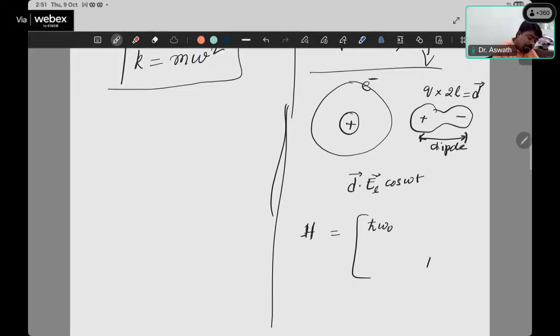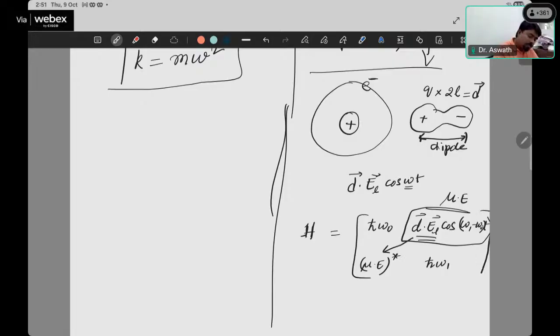It exists in the excited state with energy h omega 1, and it also oscillates between these two with the D dot E cos omega term, where omega is omega 1 minus omega naught, times T. And this is the complex conjugate of this quantity, which comes with, let's say, some mu into E star. So this is the total Hamiltonian for you, represented in terms of a matrix, where I'm only talking about two states of the system.